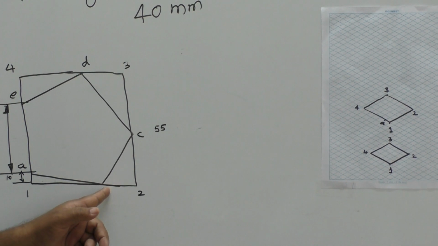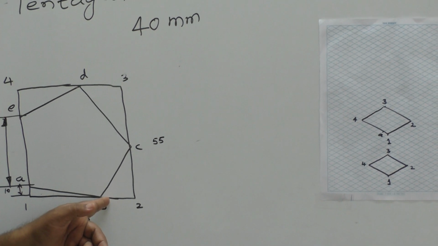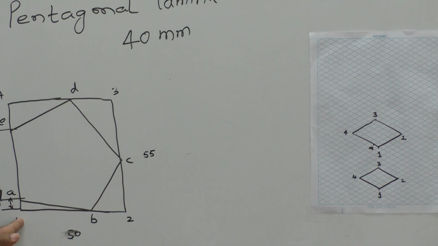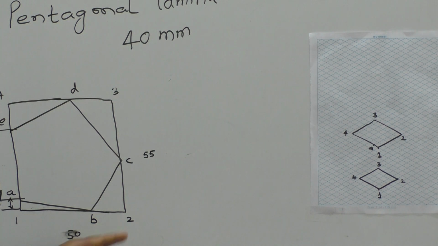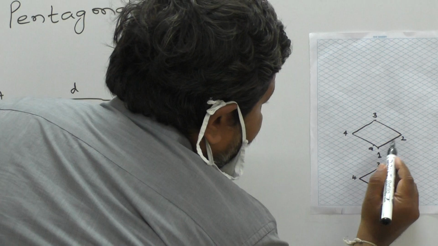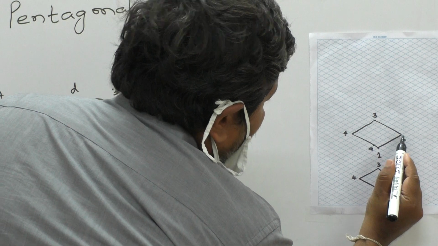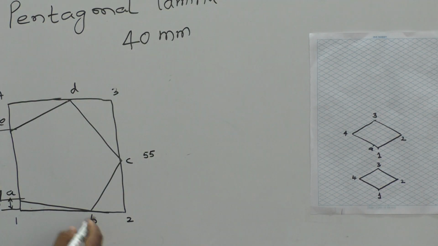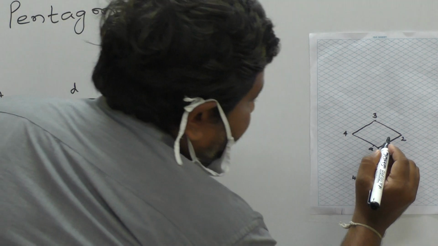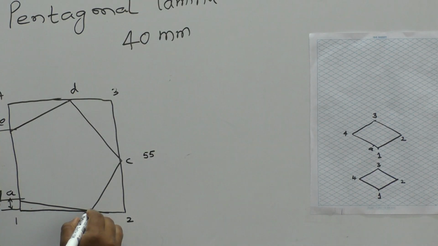Similarly, I have to locate the corner B. The corner B is lying on the side 1 to 2, so on the line 1 to 2 the corner B is located. Now measure the actual distance of 1 to B and mark that on the iso sheet.